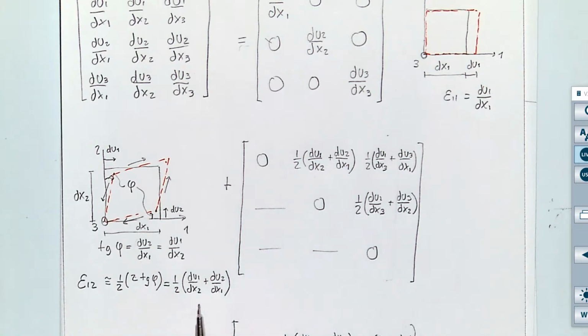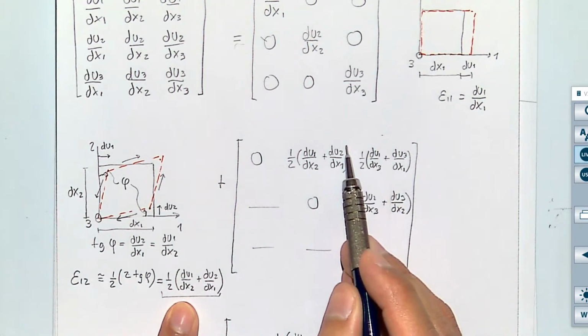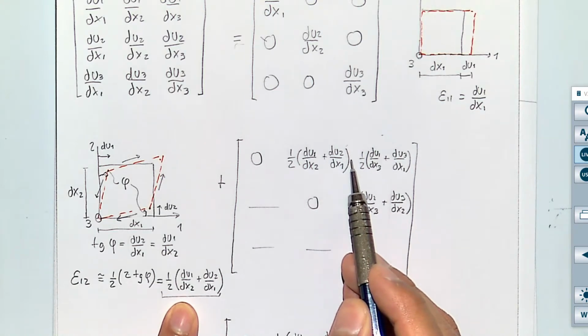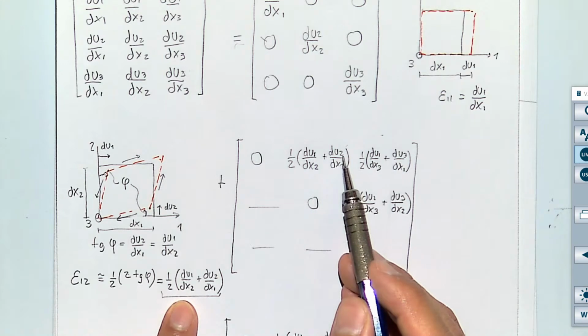So this thing is the same as that one. This is the shear strain, which quantifies the distortion angle in the plane 1,2.